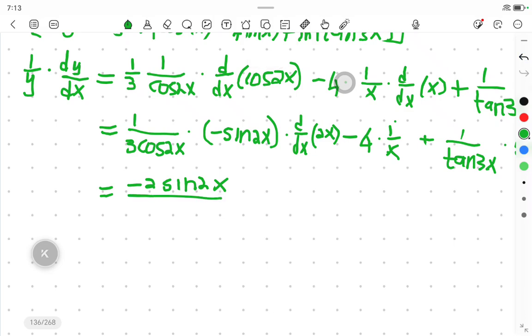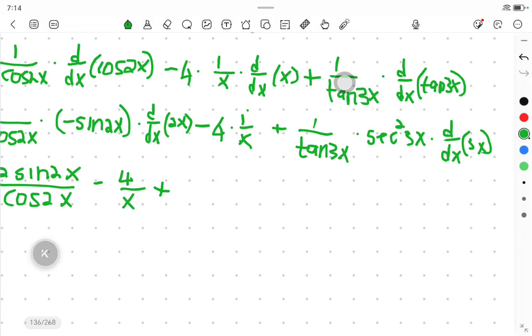Then I multiply by negative sine 2x, then I put it on top here, then I divide by 3 cos 2x, and then this will be minus 4 over x plus, and the derivative of 3x is 3, so take 3 times sec squared 3x, put it there, and it will be in this format, and then I divide by tan 3x.